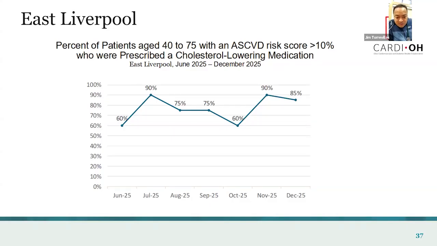So far, this graph tells us that in our clinic, we started low at 60 in terms of prescriptions, and then as the months went by, the patients receiving these statin or cholesterol lowering medication prescriptions has improved. If you notice, there's a dip right there, but then it went up again.